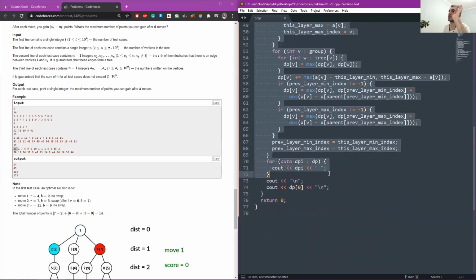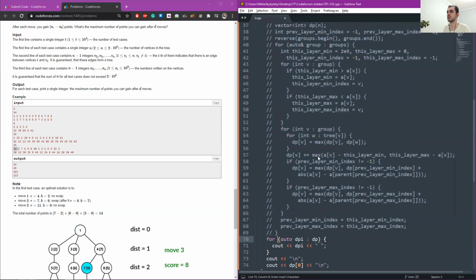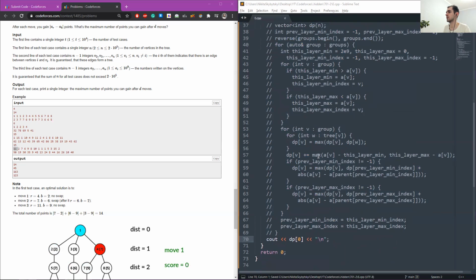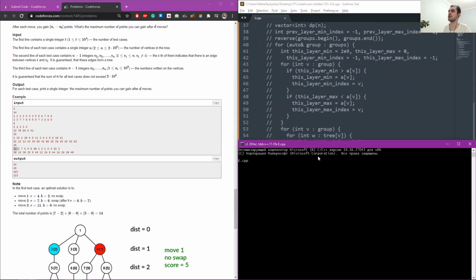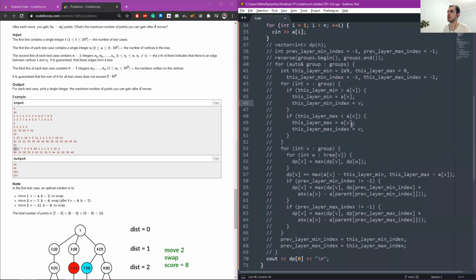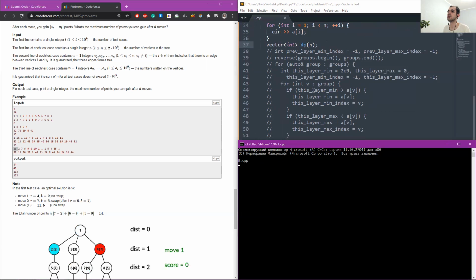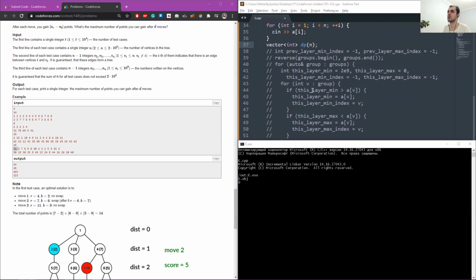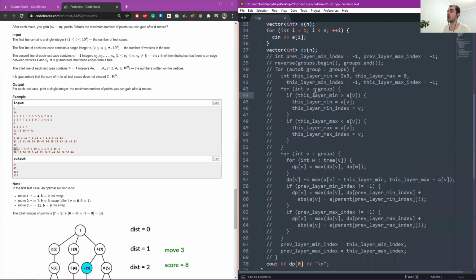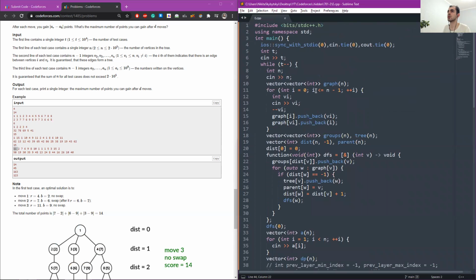Okay, suppose I comment this out. Will it fail? Understandable concern. So the problem is somewhere here. Push this back, push this back.